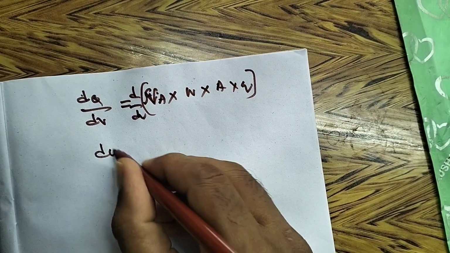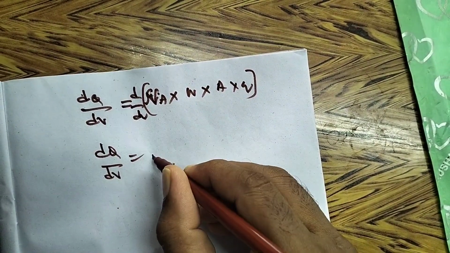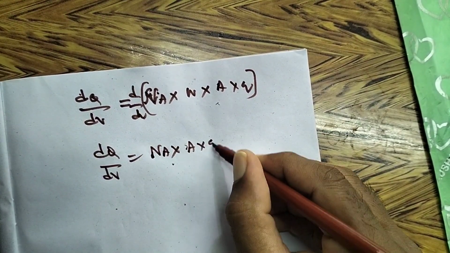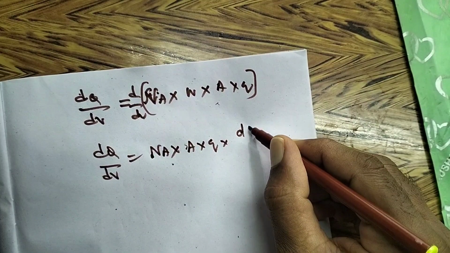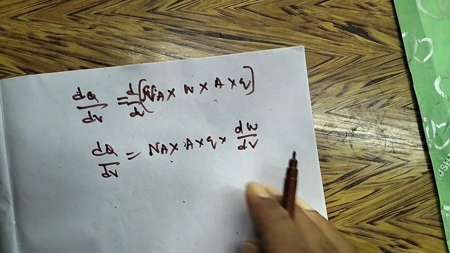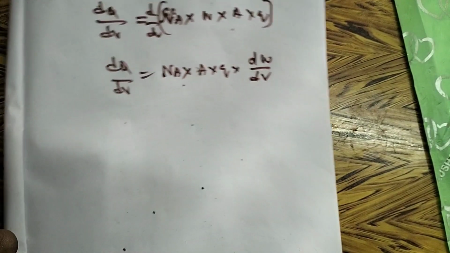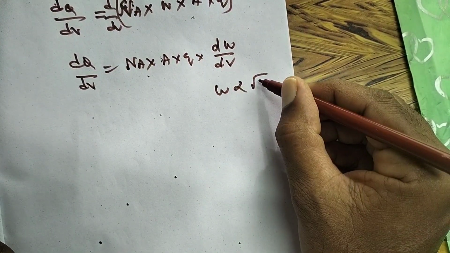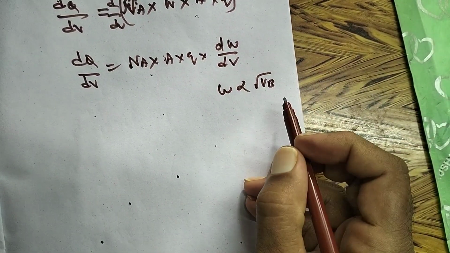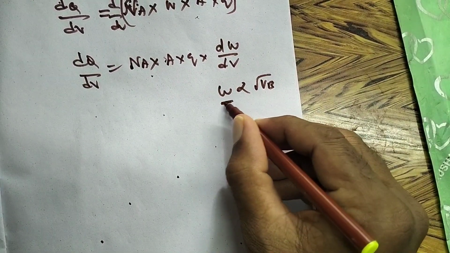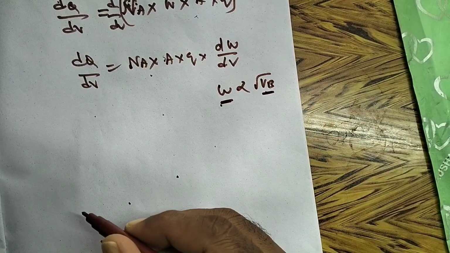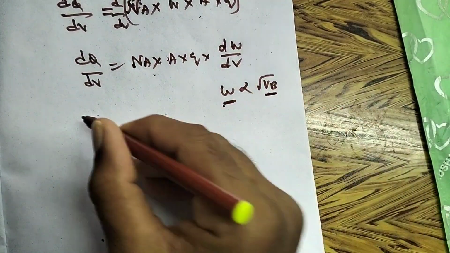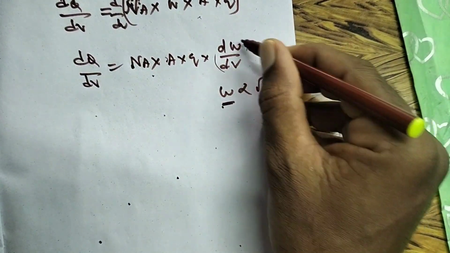So dq by dV equal to Na into A into Q into dW by dV, because what I said previously, width is directly proportional to square root of VB, right? So voltage changes, width changes. If width changes, the depletion layer barrier potential increases. So for that relation, this is the equation we have to write.